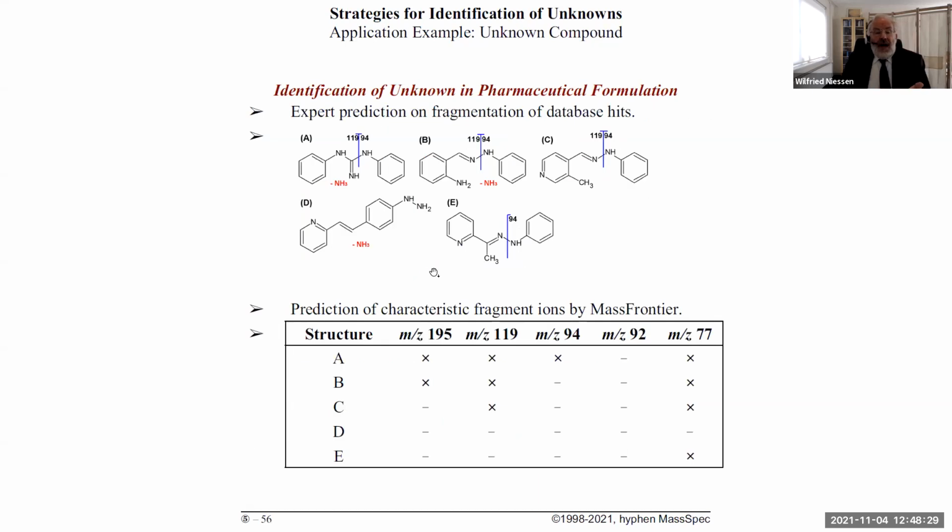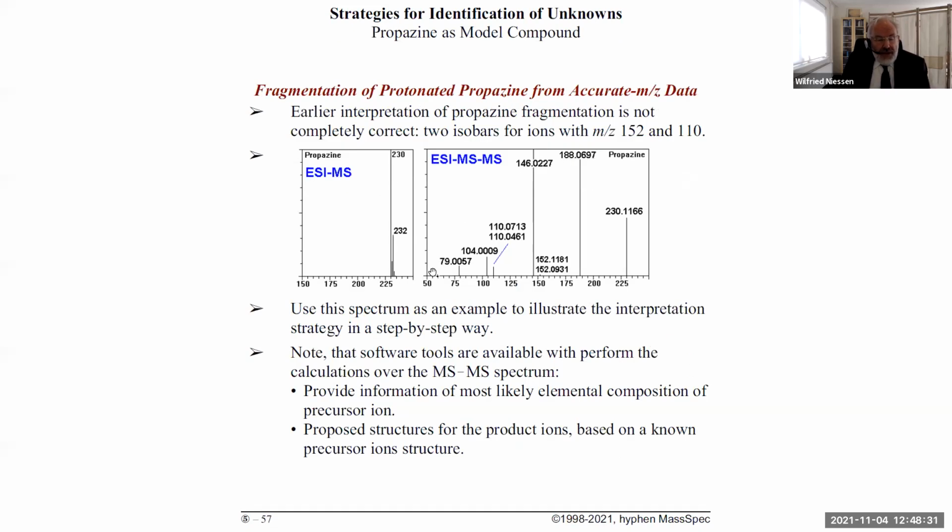So I would like to give you another example. In fact, what I did is I took the propazine MSMS spectrum, now with the accurate m/z data, as an example to go through the interpretation procedure again, step by step.